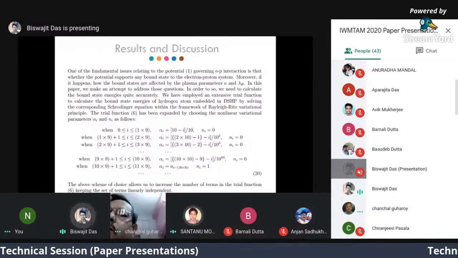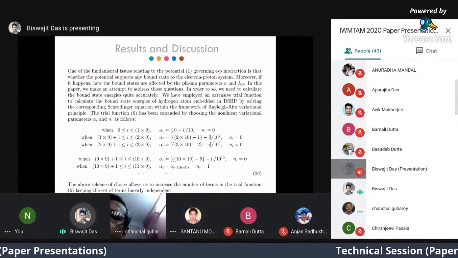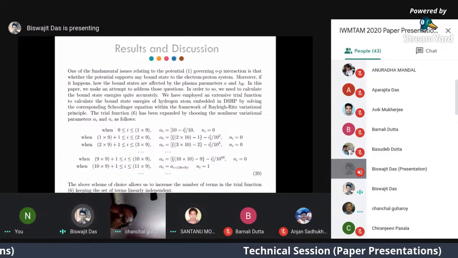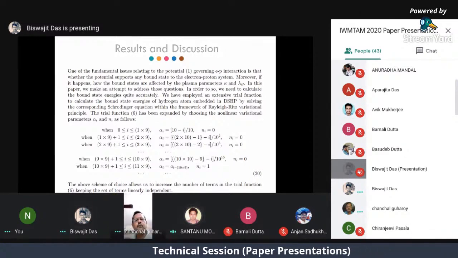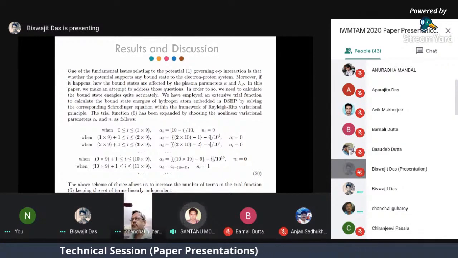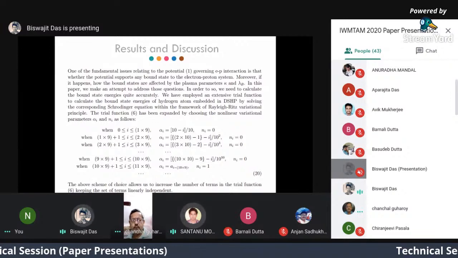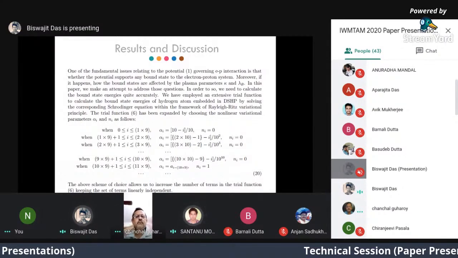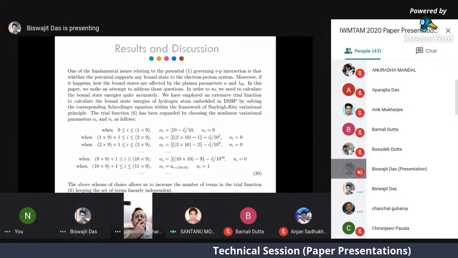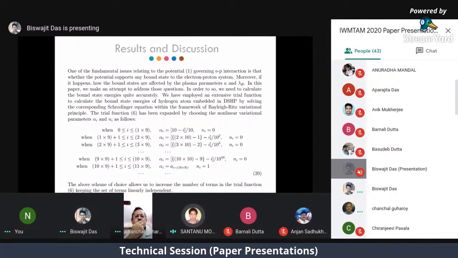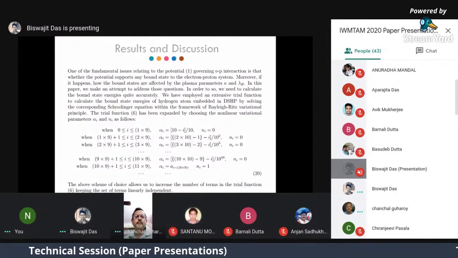I made a program which already optimizes this system, and I get an output which is already optimized. Okay, I understand.